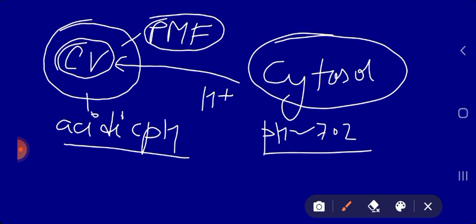Due to the occurrence of this proton motive force, it will help transport nutrients into or out of the vacuole, and thus the function of the vacuole can be carried out.